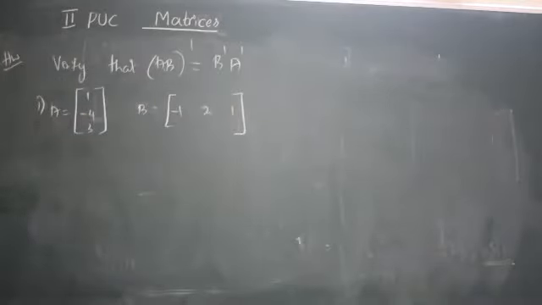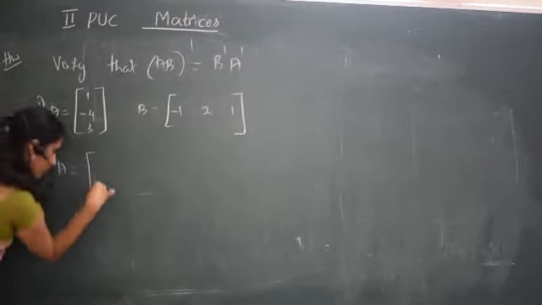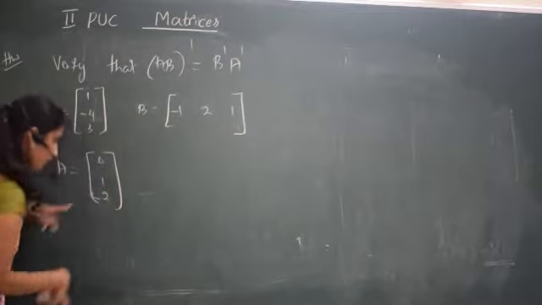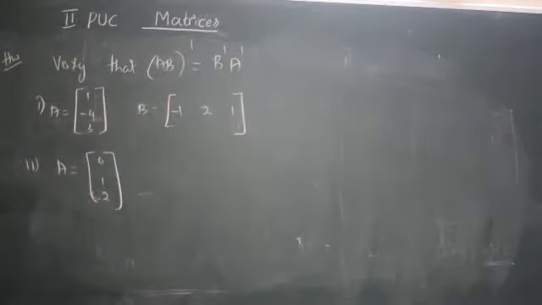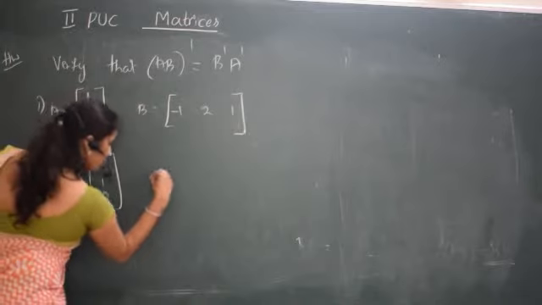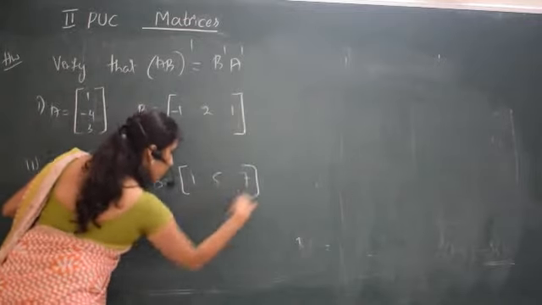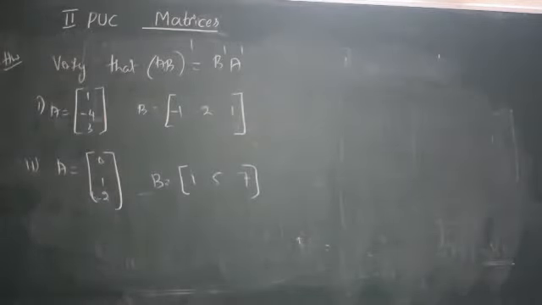And one more: A is equal to 0 1 2, then B is equal to 1 5 7. So these two problems, verify that AB whole transpose is equal to B transpose A transpose.